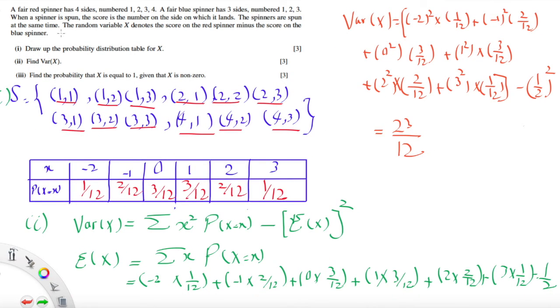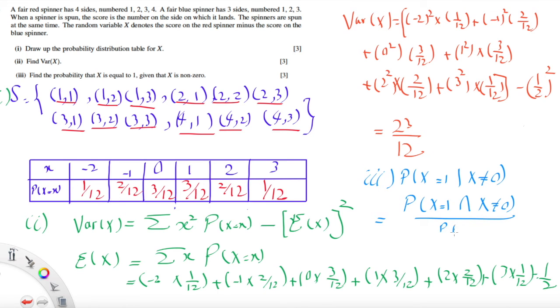Part 3, find the probability that x is equal to 1 given that x is non-zero. So it is conditional probability, which will be probability of x is equal to 1 and x is non-zero over probability of x is a non-zero number.